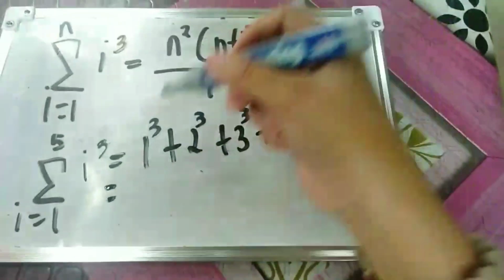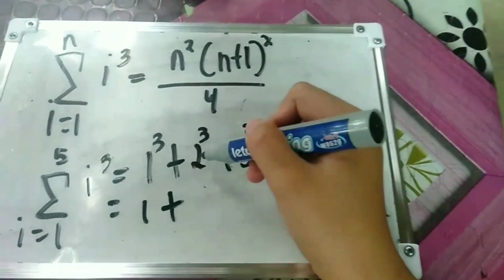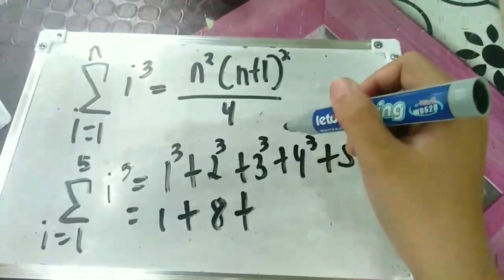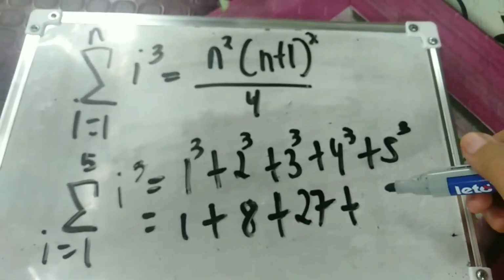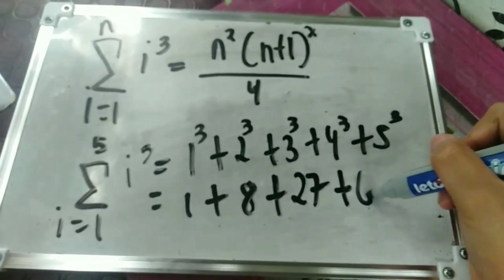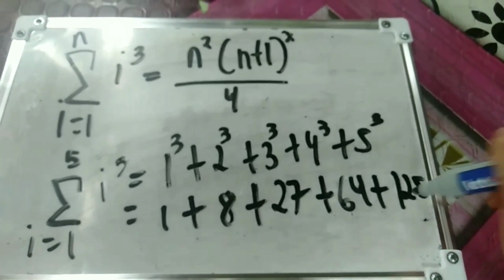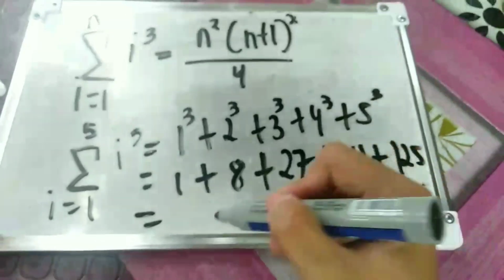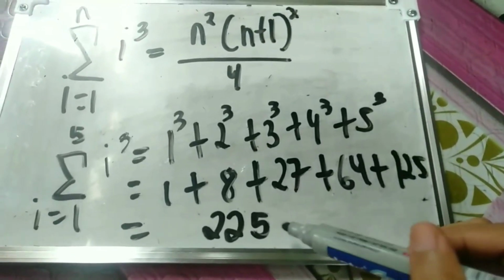So 1 raised to 3 is 1, plus 2 raised to 3 is 8, plus 3 raised to 3 is 27, plus 4 raised to 3 is 64, plus 5 raised to 3 is 125. So let's add together. At meron tayong sum na 225. So tandaan nyo, ating sum ay 225.